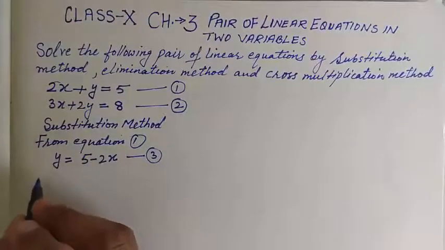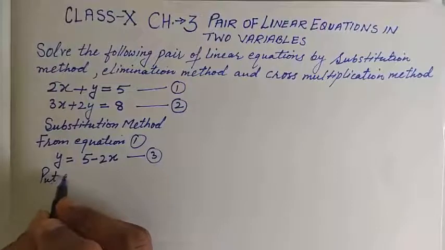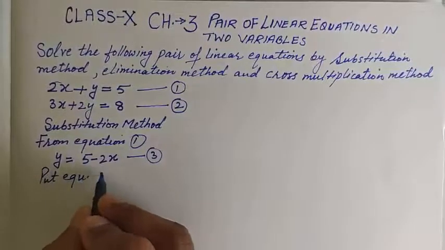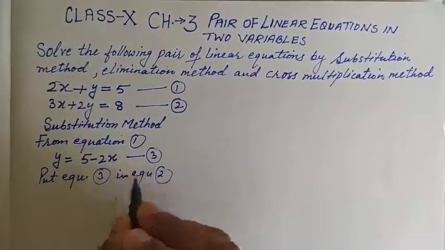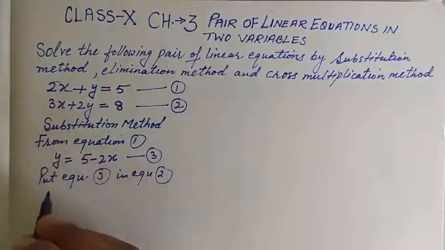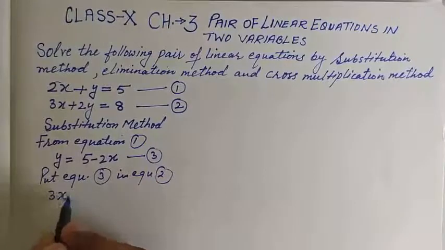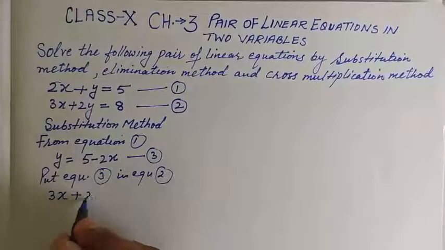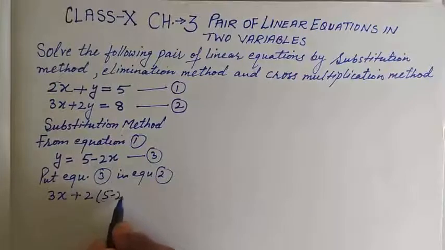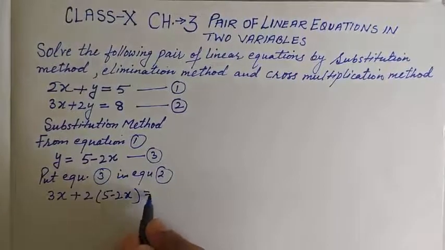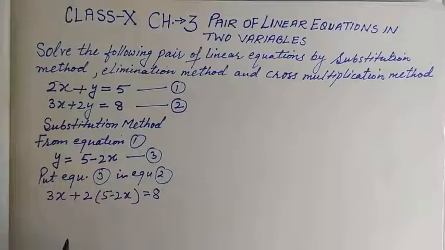So we'll write here, put equation 3 in equation 2. So let's put now. So it becomes 3x as it is plus 2, and in place of y we will put 5 minus 2x is equal to 8. So let's see what will happen.